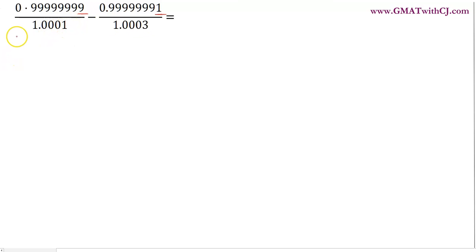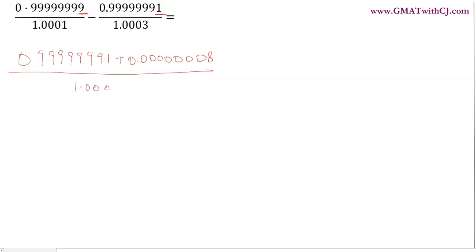What I mean is, what if I say this is 1 plus 0.00000008 divided by 1.0001 minus 0.9999991 upon 1.0003, and this is, as we have already seen, 8 into 10 raised to minus 8, right?